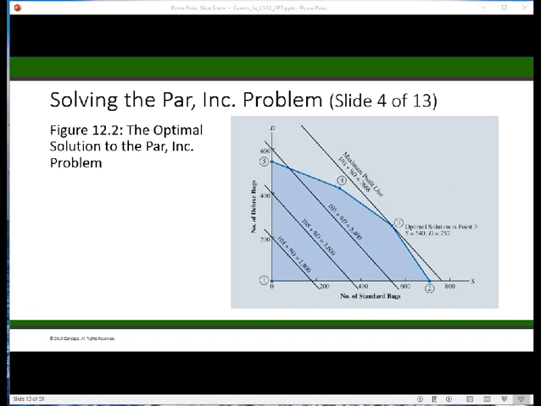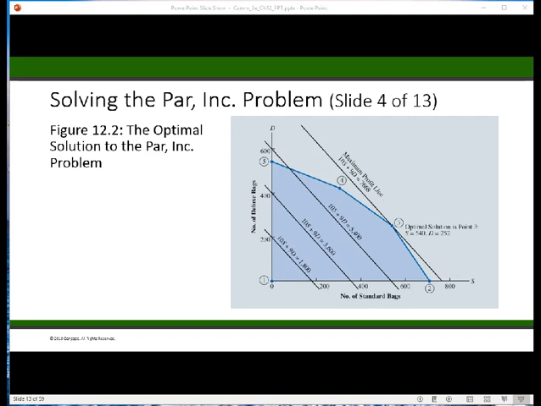So once we get the highest contour value, it is going to be where our contour line for profit intersects with a single point on our feasible region, and in this case it's point 3.